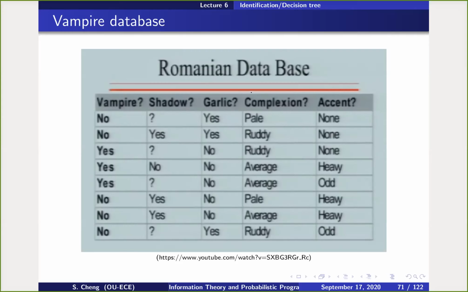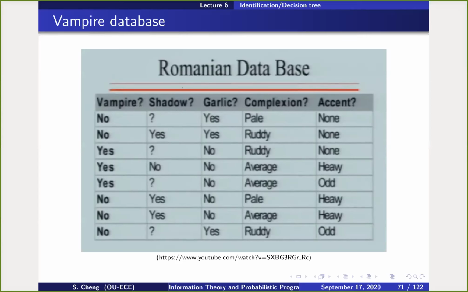But for example, if I have this complexion here, I have more options. It can be pale, and so on. So apparently this feature has a little bit more information. So cost-wise, I can argue that complexion is more costly than garlic, whether asking which kind of complexion someone has is more costly than whether someone is afraid of garlic or not.